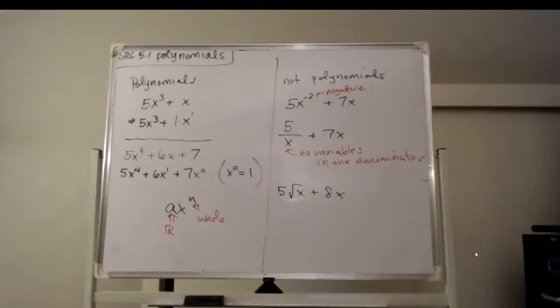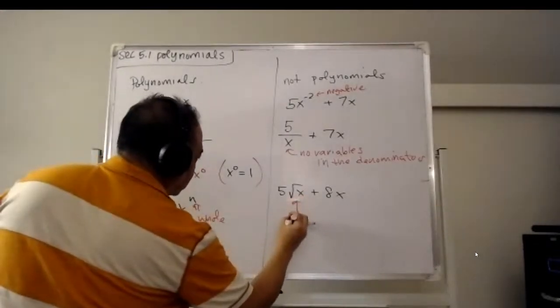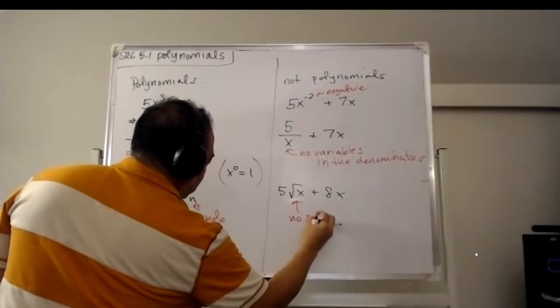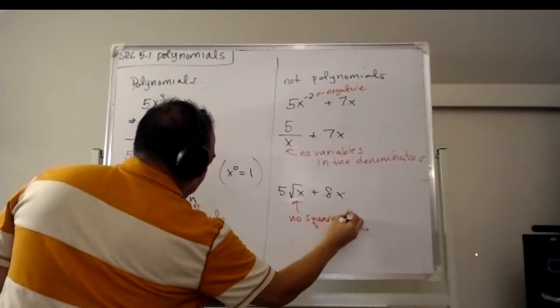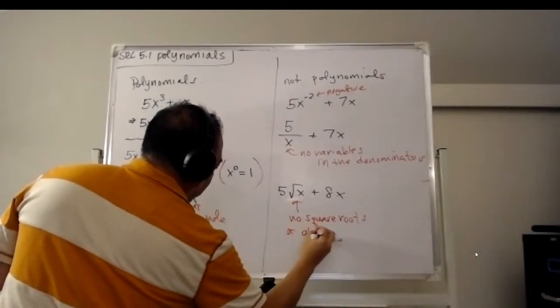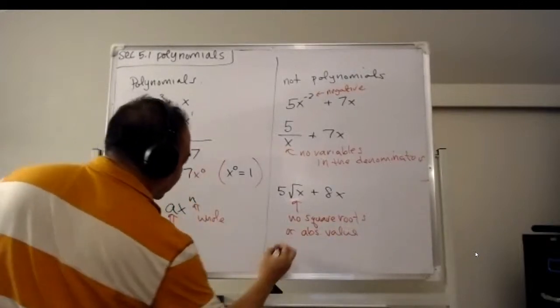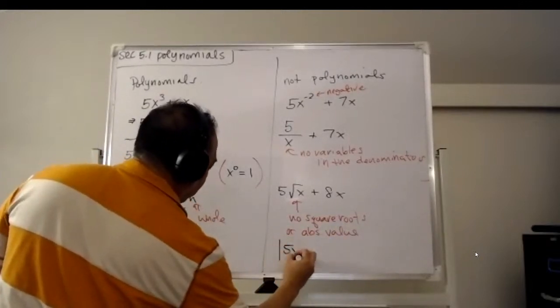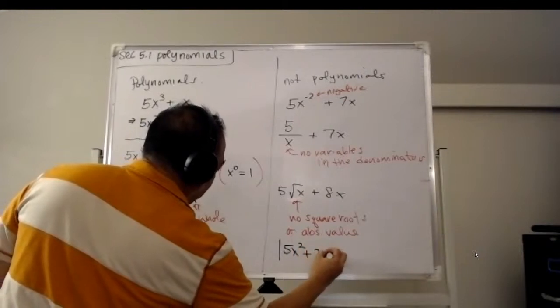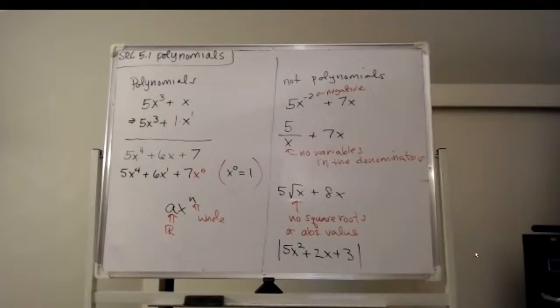No square roots. Or absolute value. So if I wrote something like this, that's not a polynomial because I put an absolute value there.